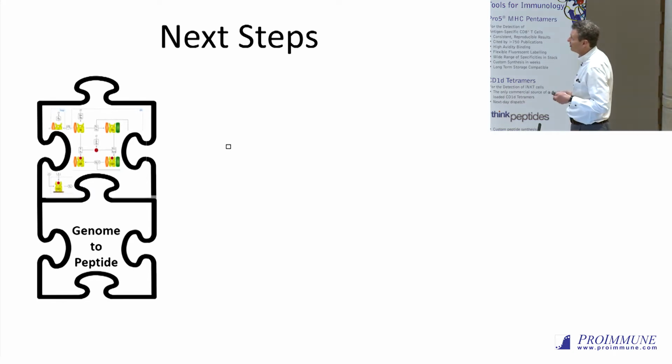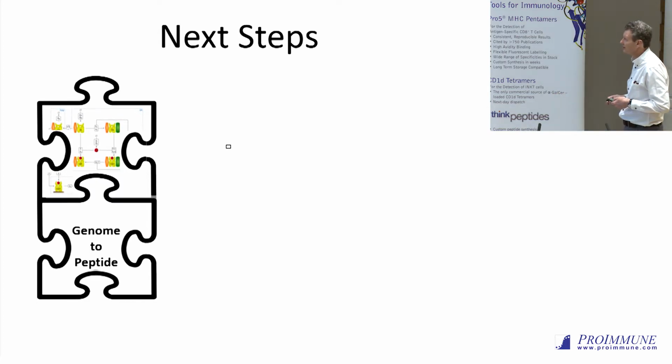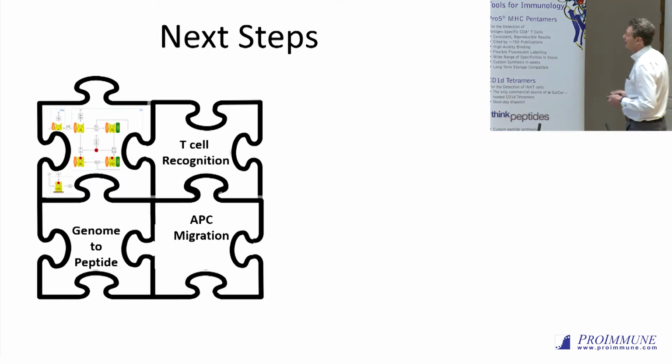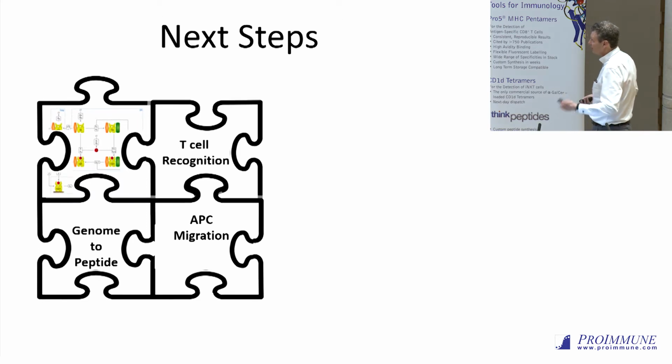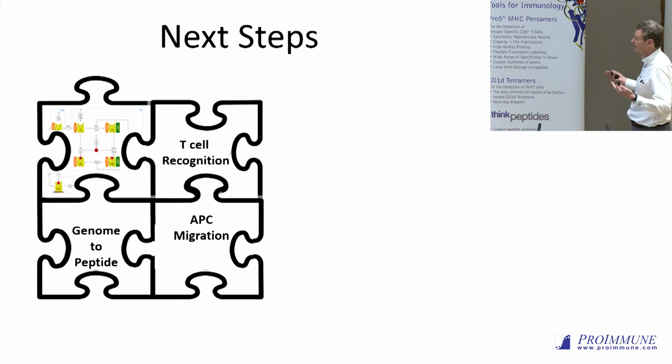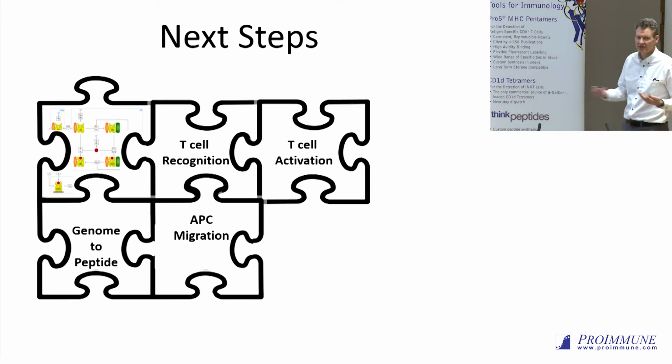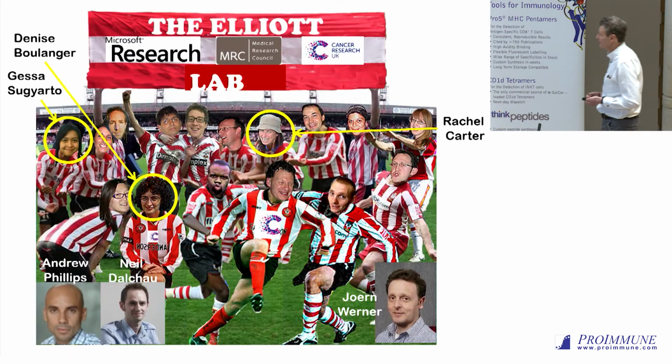And then plug this model into other modules that we're working on with Microsoft and others to predict the likelihood of a peptide coming from a genome, a T-cell recognition module, the likelihood of a T-cell response given an abundance of peptide, and more systemic modules, so the migration of antigen-presenting APC cells through the body, and the likelihood of T-cell activation given the integrated signal from positive and negative activating signals in T-cells.